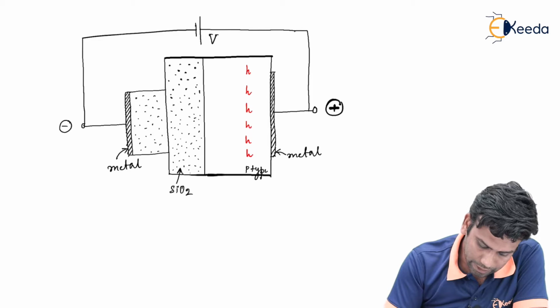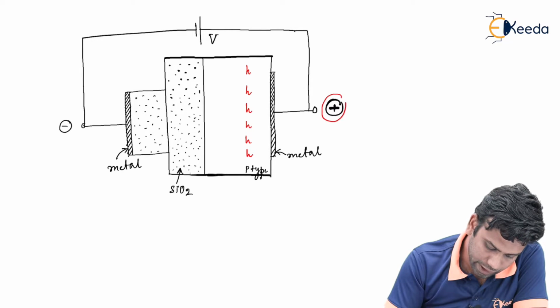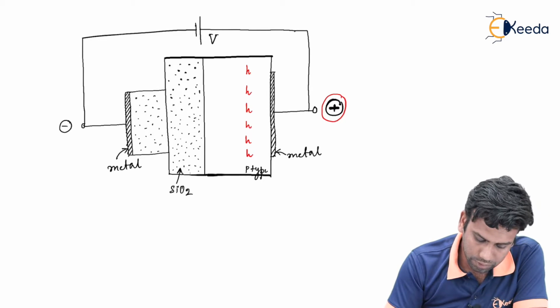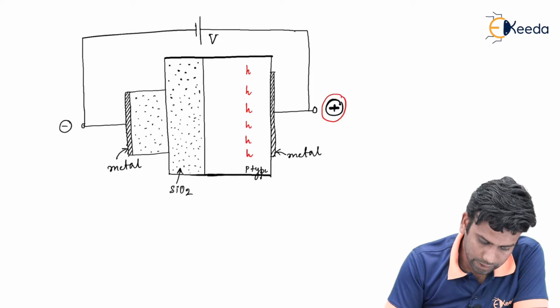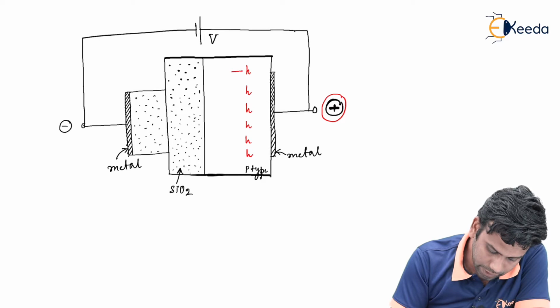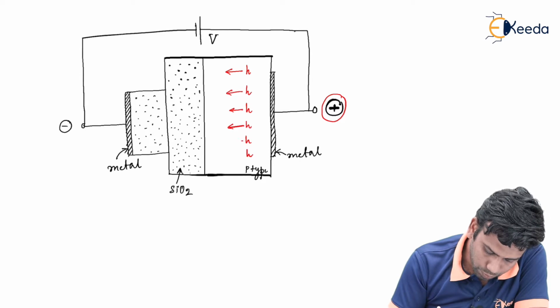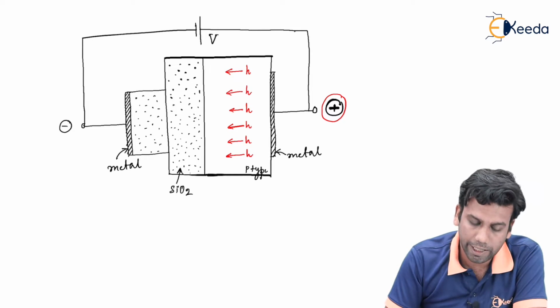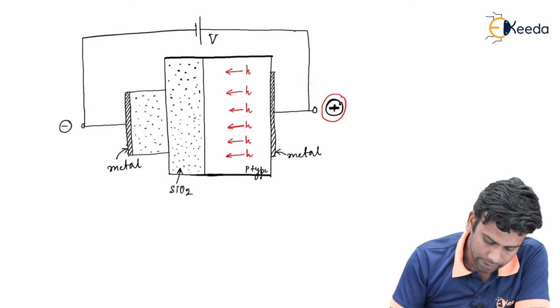Due to the application of this positive potential, these holes will face some force which will take them away from this terminal, that is, the holes will be attracted towards the interface of silicon dioxide and p-type material.